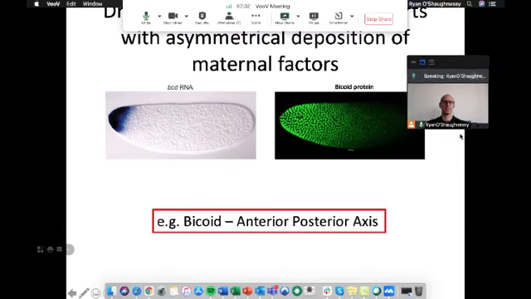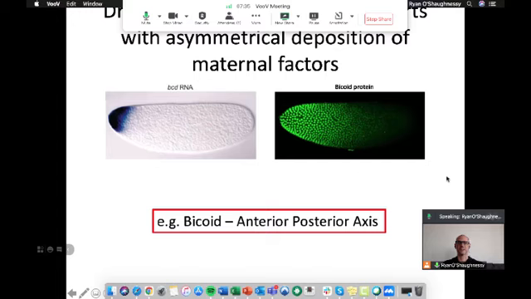And here, for instance, we have bicoid, whose RNA is deposited at the anterior end of the oocyte before fertilization, and then the bicoid protein, the bicoid transcription factor, diffuses across the length of the embryo, providing us with anterior-posterior specification because of this gradient of bicoid expression.